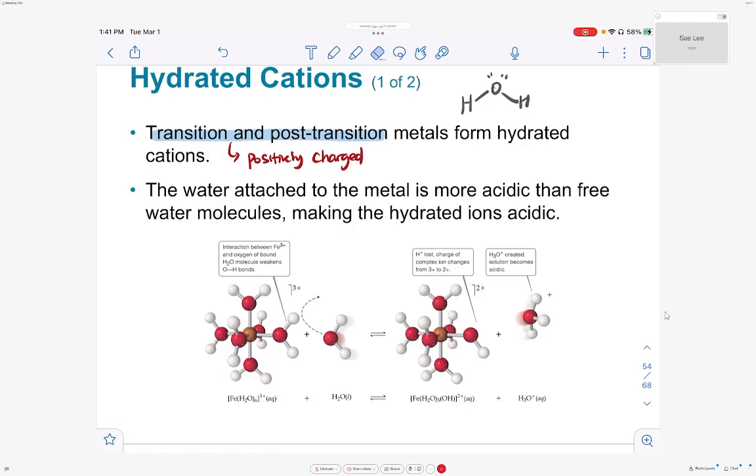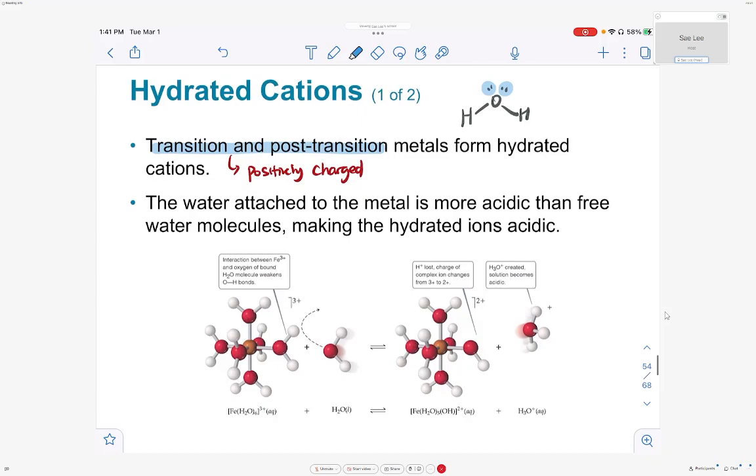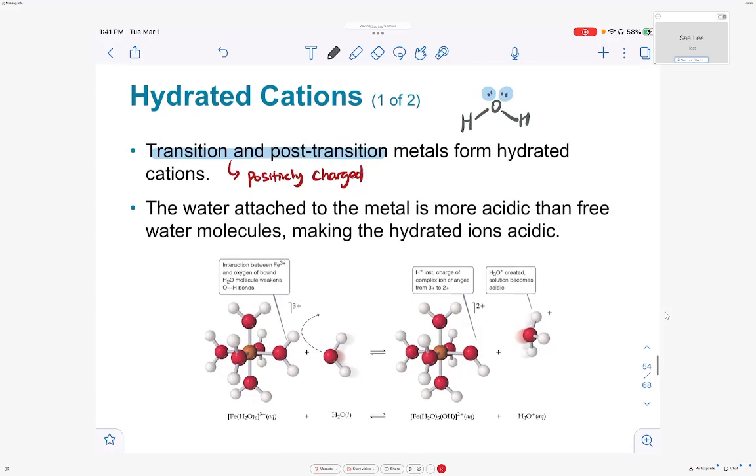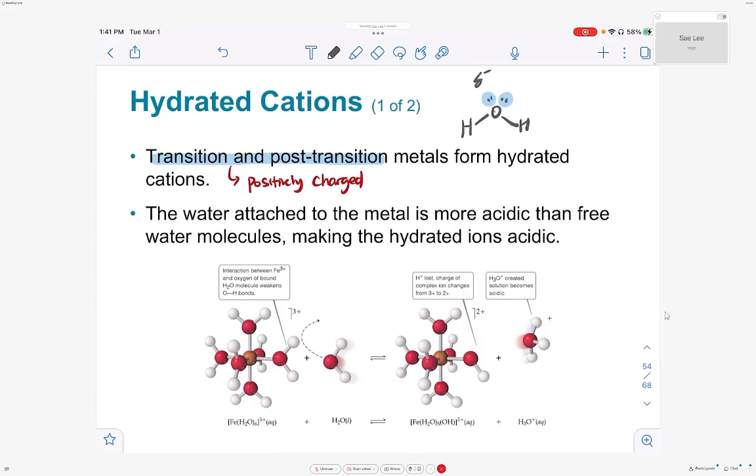These are electrons, right? Pretty negatively charged because of the electron density. So the positively charged metal will attract these lone pair electrons of the water.